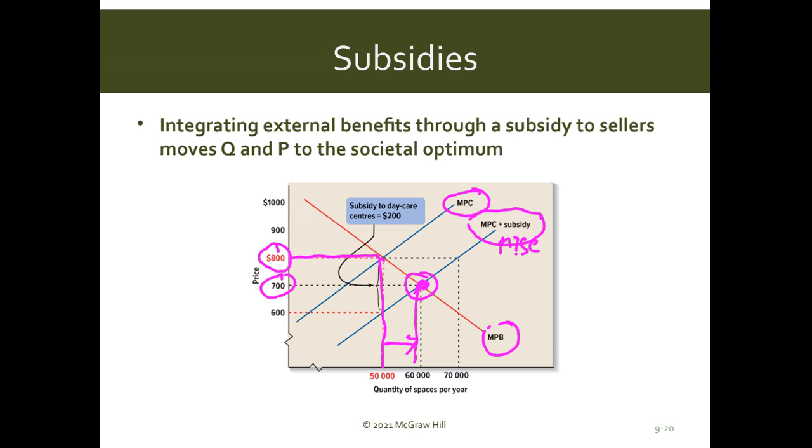So they are also sharing the benefits, $100. What about sellers? Before subsidy, sellers were receiving 800. Now they do receive $800, but from this $800, they are receiving actually 200 subsidy from the government as well.